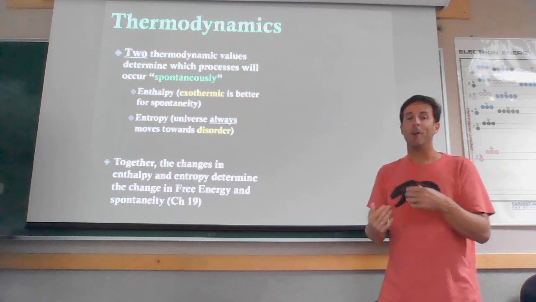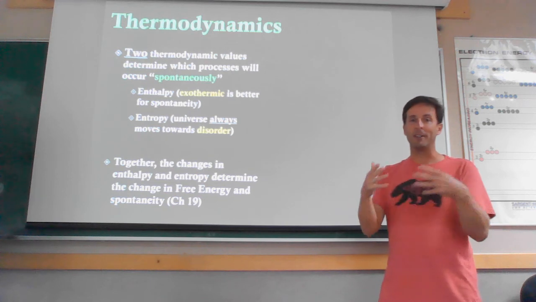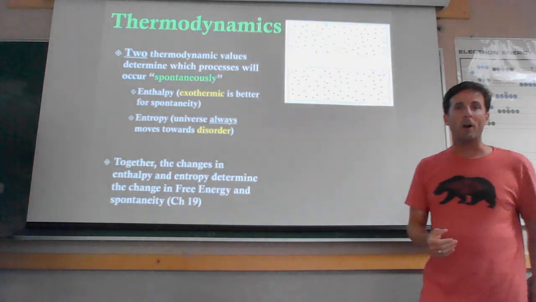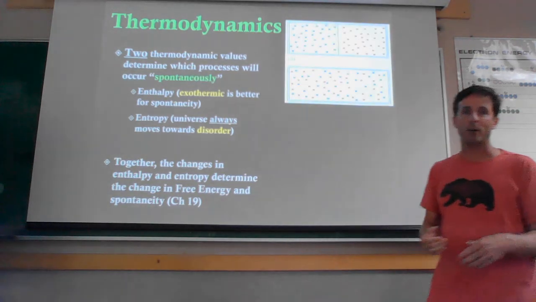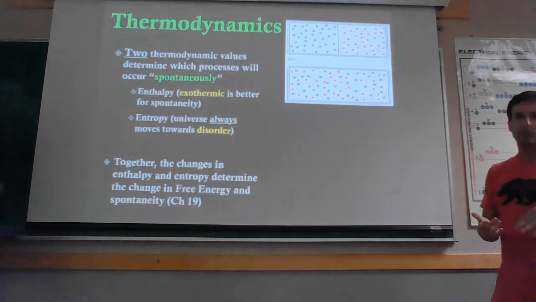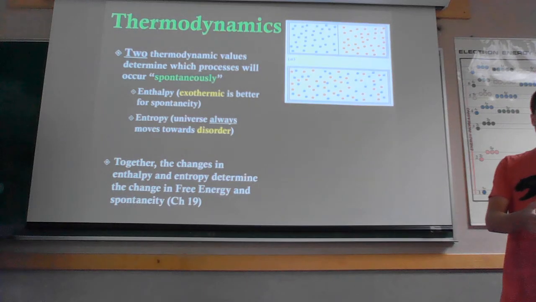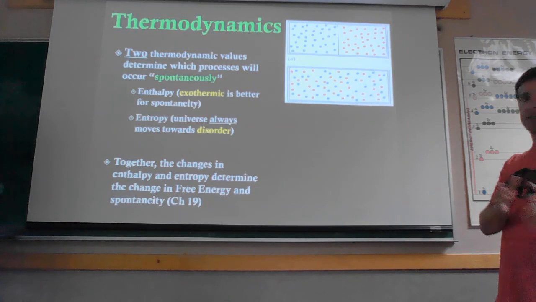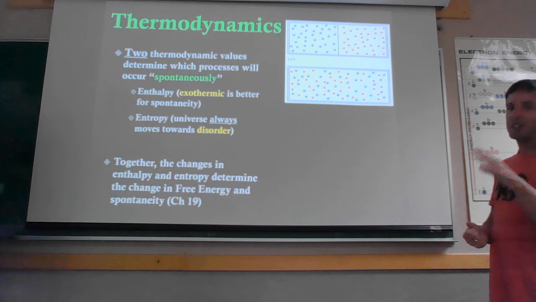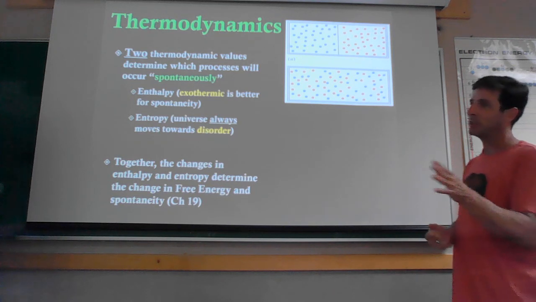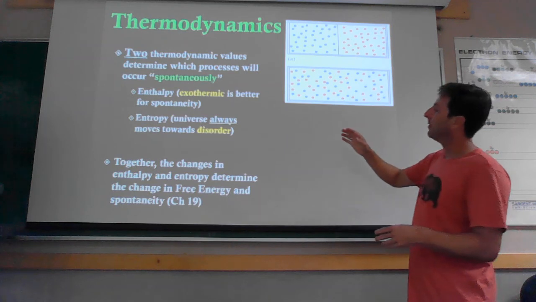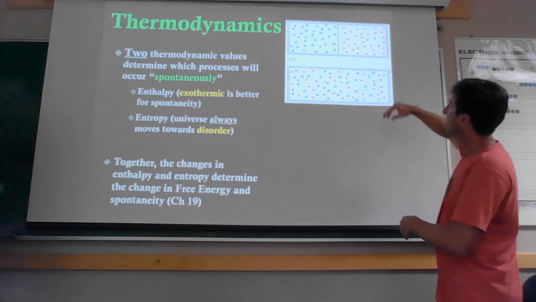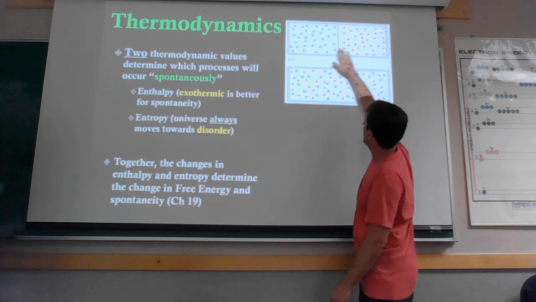Okay? Now, for now, we need to apply this to a solution. Okay, so how does this factor into a solution? Well, we already said formation of a solution can be endothermic or exothermic. What about entropy, though? When we form a solution, does it increase the entropy or does it decrease the entropy? Well, at first sight, we would usually say, if I want to move toward disorder, if I look at the picture up here, I have my solute and my solvent.